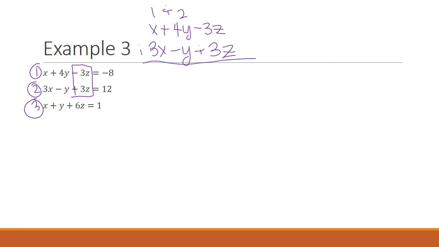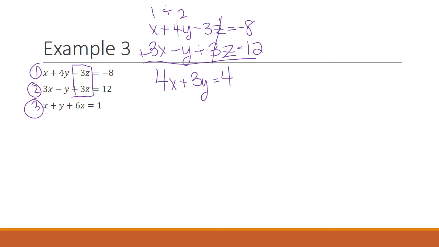Oh, I forgot to write what they're equal to: negative 8 and 12. If I combine those together, my z's cancel out. I'm left with 4x plus 3y equals 4. Okay, so that was combining equations 1 and 2.